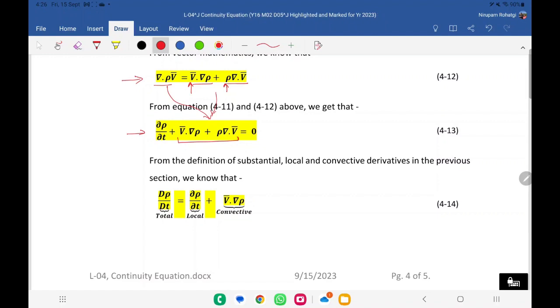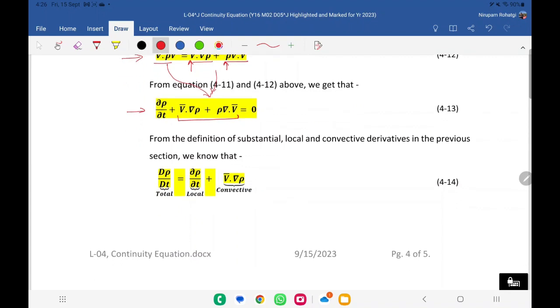Now we also know from our previous article how we solve this substantial, local and convective derivative, which we have already done. It is written like this. So total derivative of rho is equal to local derivative of rho plus convective derivative of rho.